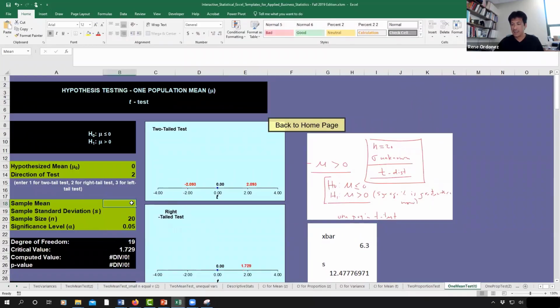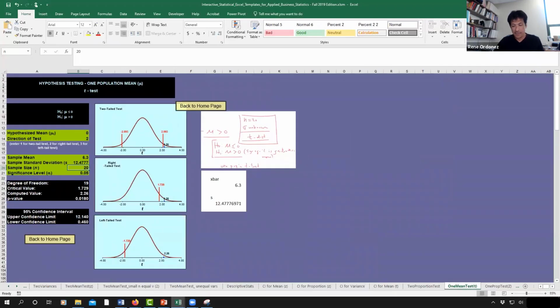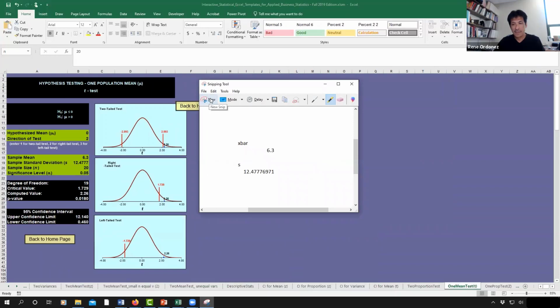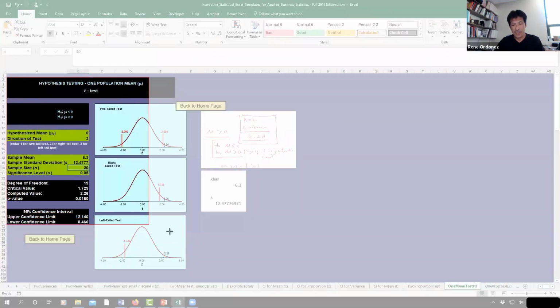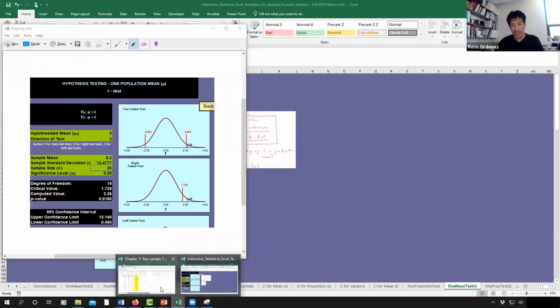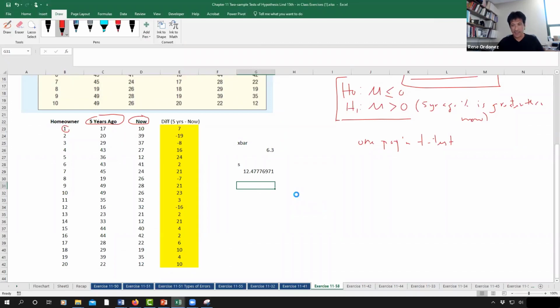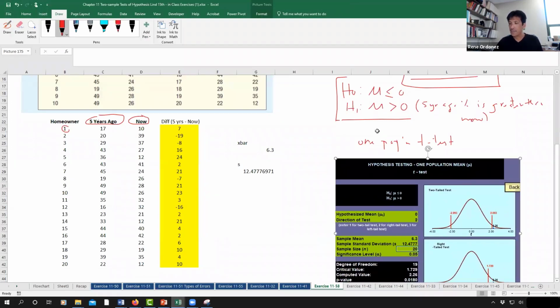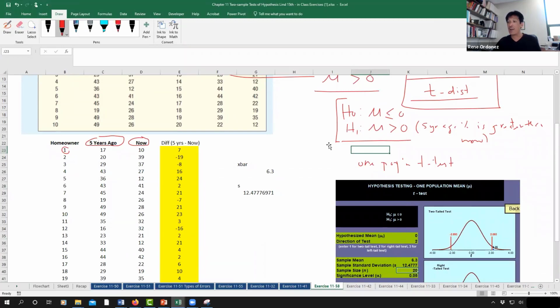So X bar was 6.3, and then the sample standard deviation is 12.4778. So using this output, we can now render a conclusion on the null hypothesis.